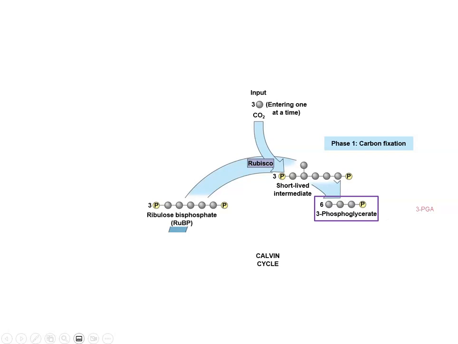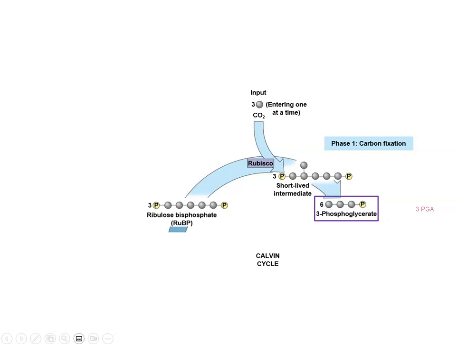So the CO2 gets added to ribulose bisphosphate, becoming a 6-carbon compound, which is short-lived, meaning that it's not stable, and it quickly breaks into 2 molecules of 3-phosphoglycerate, which is a 3-carbon compound. If you're counting carbons, there are 18 carbons here in 3-phosphoglycerate, and we will keep track of carbons as we continue to go through the cycle.